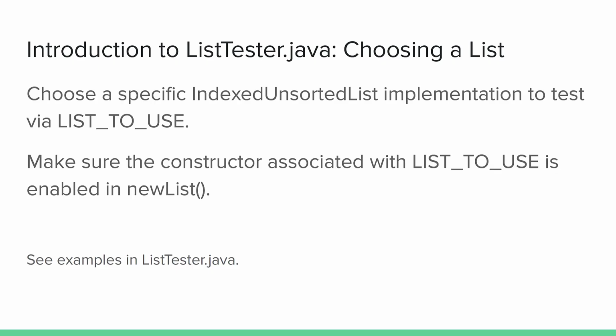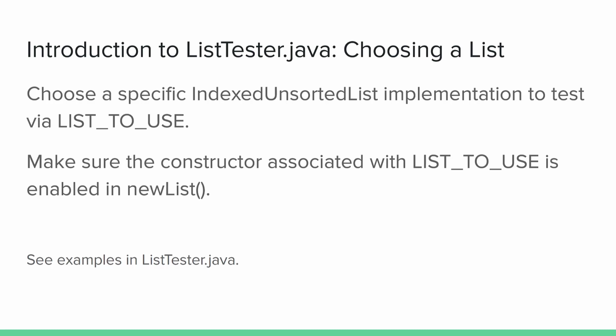The standalone test class we're going to use is called ListTester, and it includes a lot of code that we'll need to get acclimated with. It is set up to test any implementation of the IndexedUnsortedList interface. So we can configure it to test any class that implements that interface.